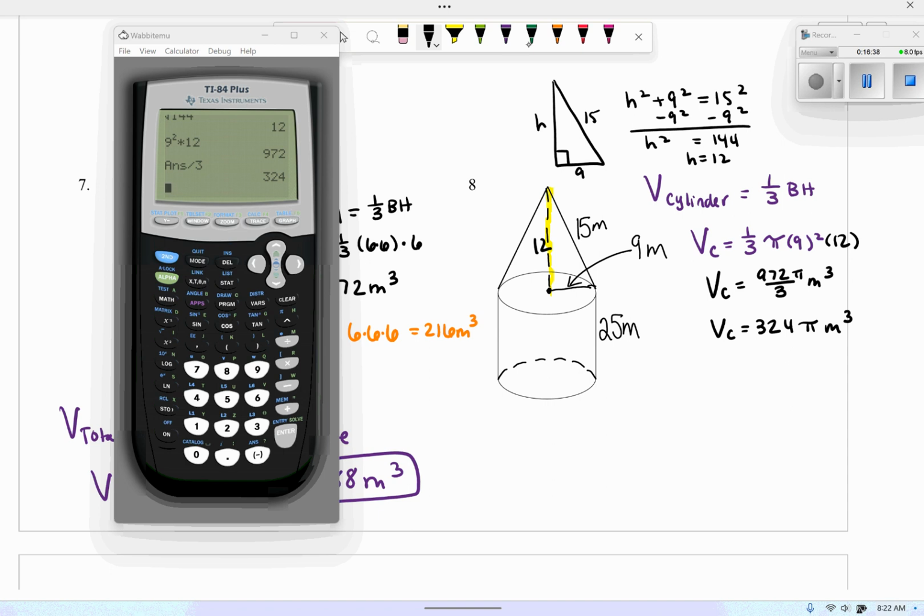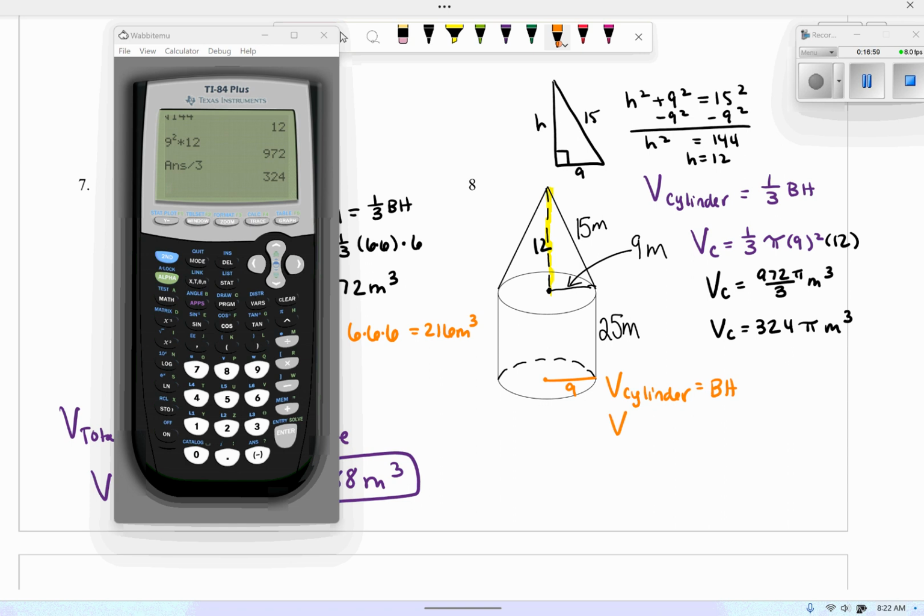And then we want to find the volume of the cylinder, which is, again, remember, the base times the height. The base is circular, so pi r squared is the area of the base.